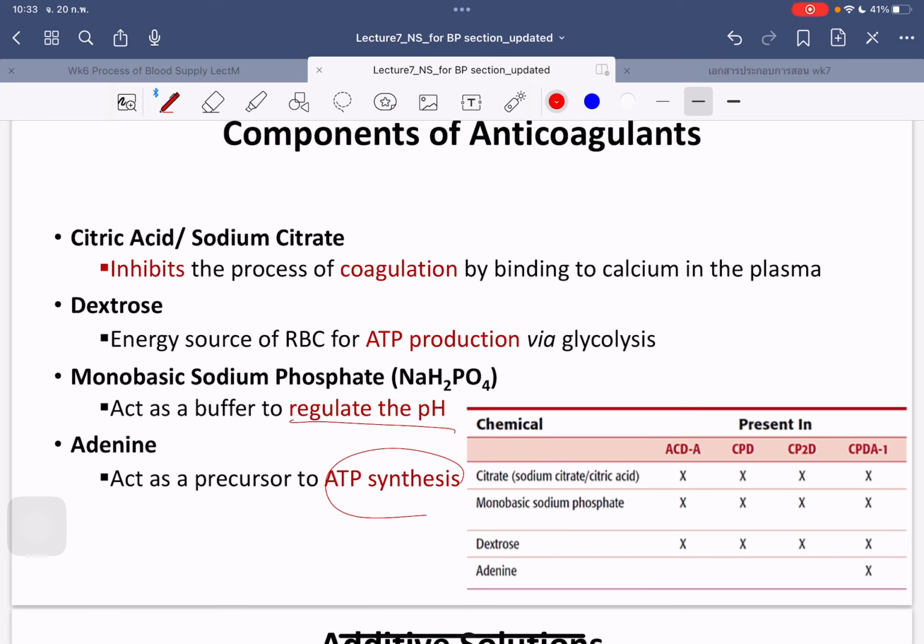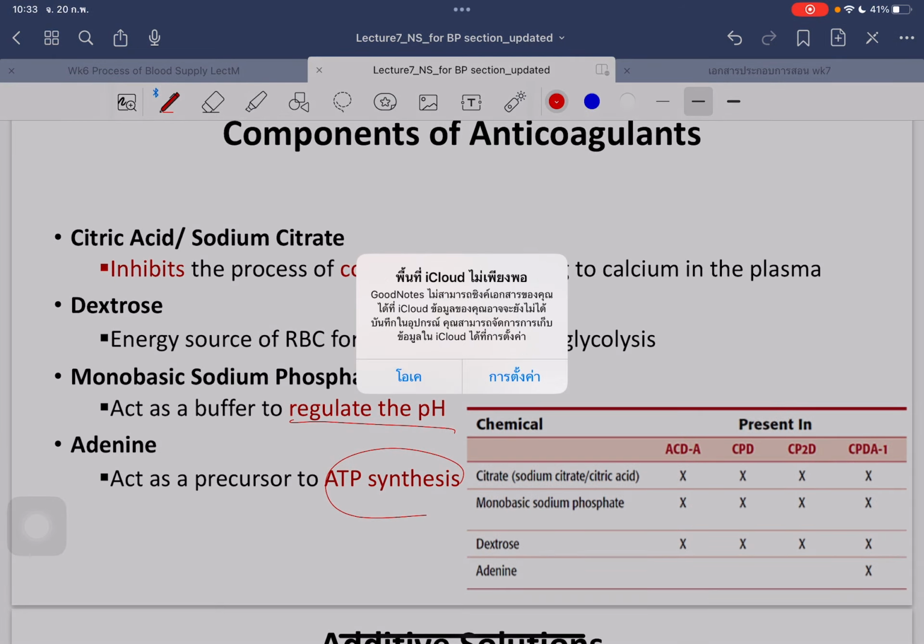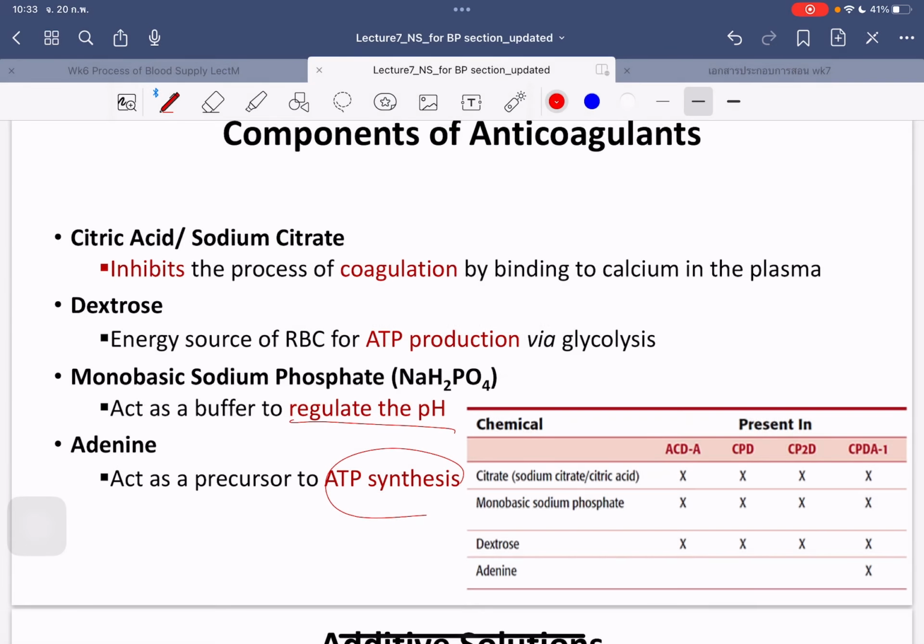Maybe because adenine is a precursor, right? Yes. And the dextrose is just an energy source. So it's the same thing, right? But think about if you use glucose as the energy source.